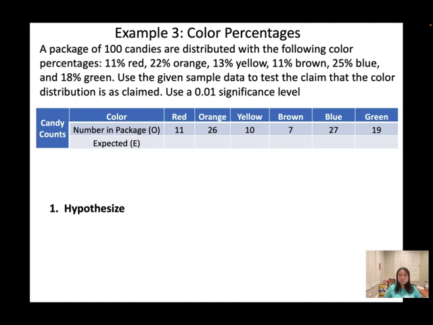Use the given sample data to test the claim that the color distribution is as claimed. Use a 0.01 significance level.